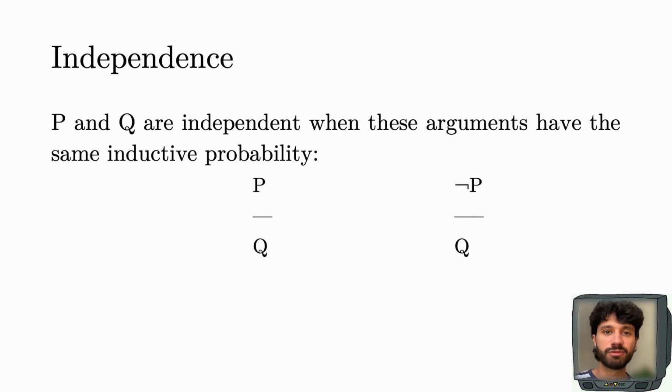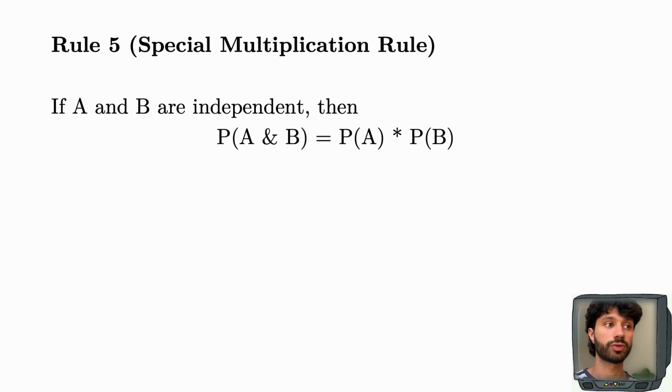The event of me drinking water and Biden rerunning for president, these are independent events, right? Their probabilities are not going to be meshed with one another. And this is the intuition that the last rule is going to take into account. It's called the special multiplication rule.